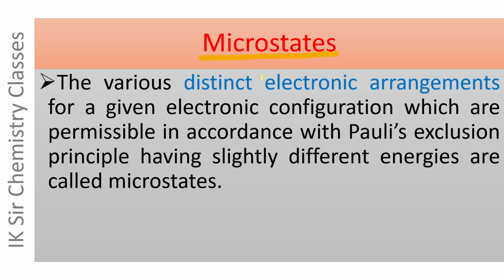The various distinct electronic arrangements for a given electronic configuration which are permissible in accordance with Pauli's exclusion principle, having slightly different energies, are called microstates.